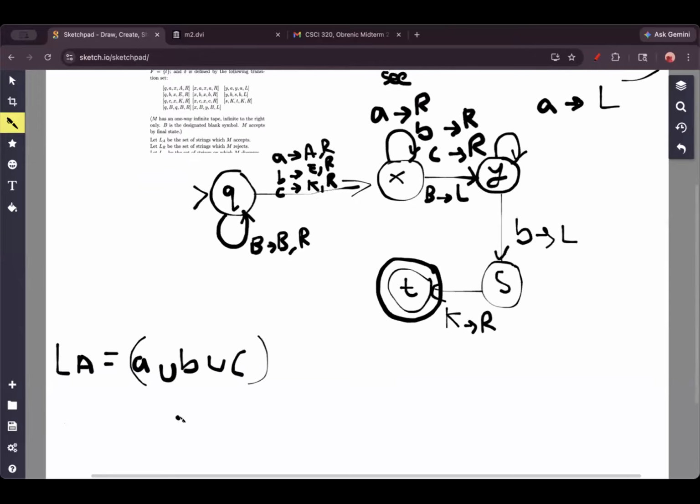So from our state Q, we see that A turns into uppercase A, B turns into E, and C turns into K.